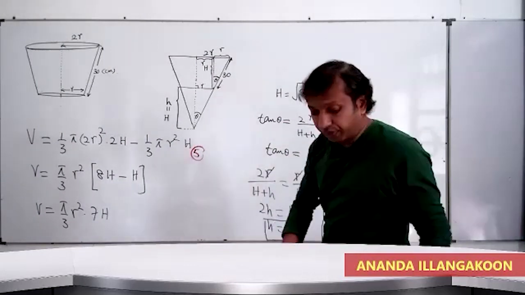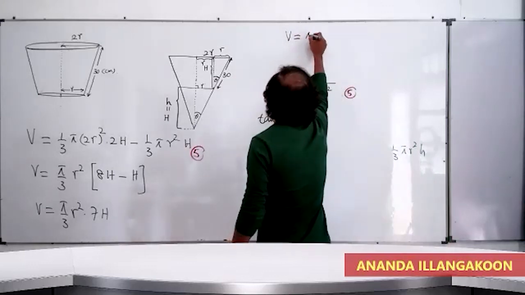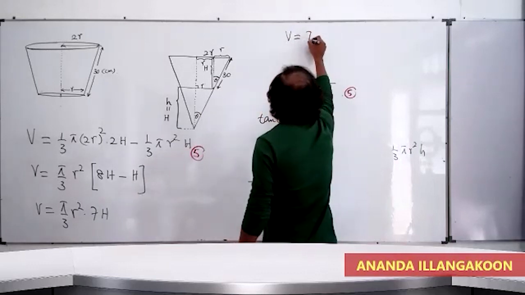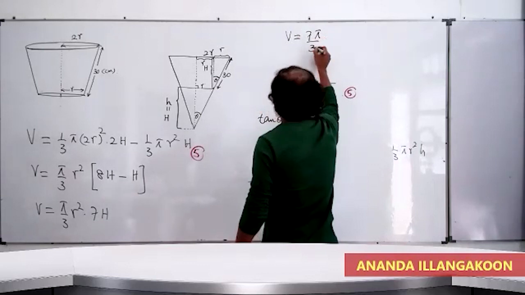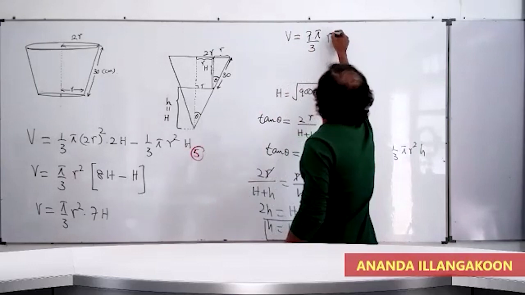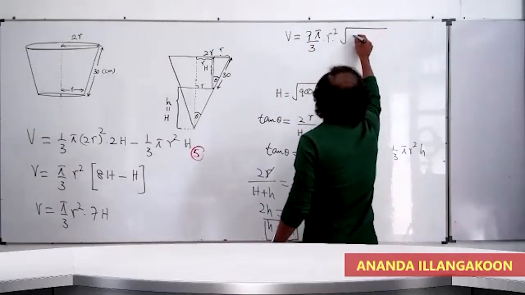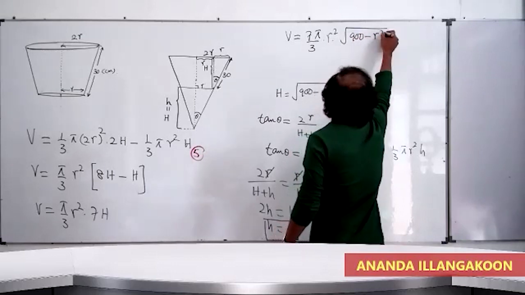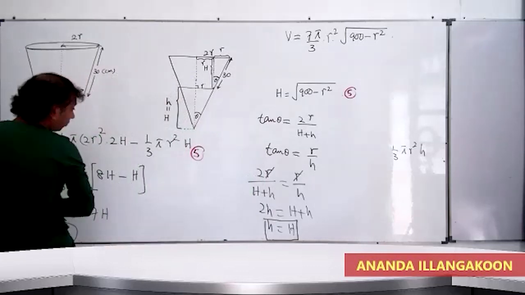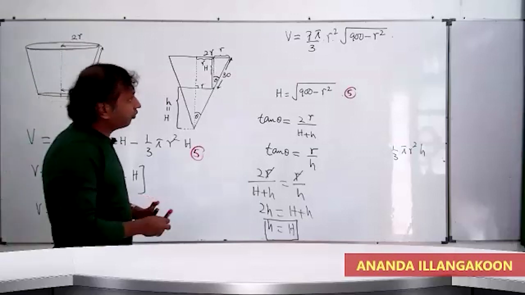Therefore, the volume V we can write as 7 pi by 3 r squared H, this way. For this one, 5 marks given.